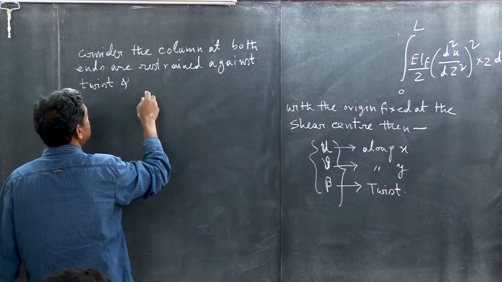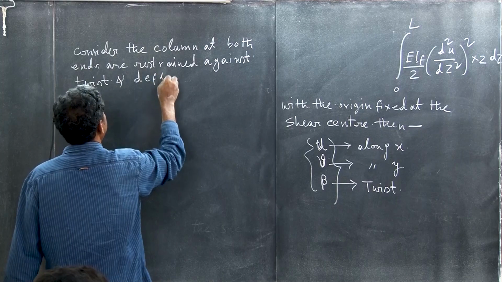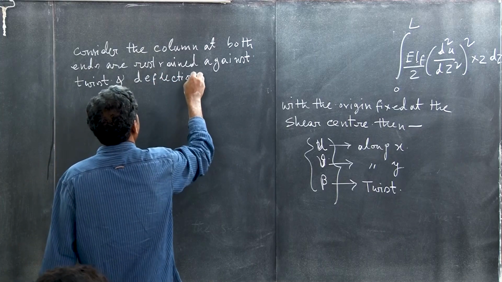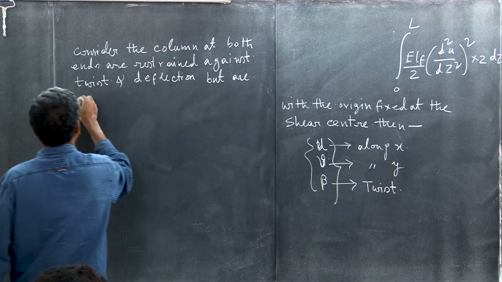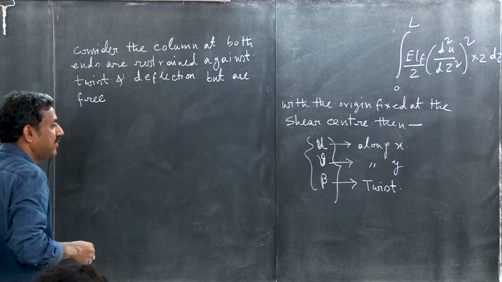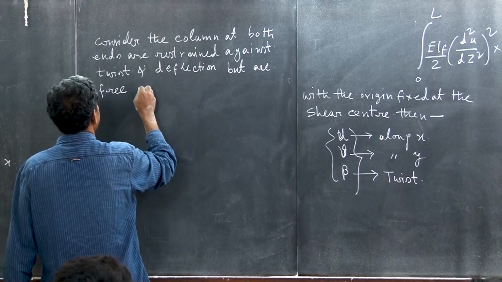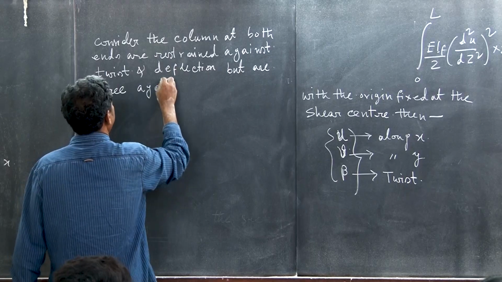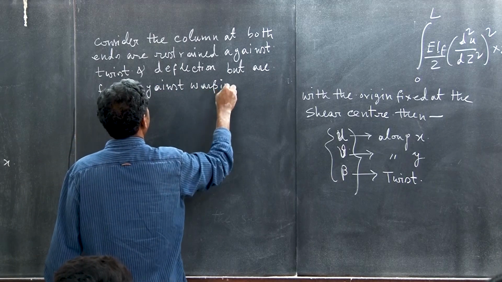Restrained against twist and deflection, but are free against warping. What does it mean?